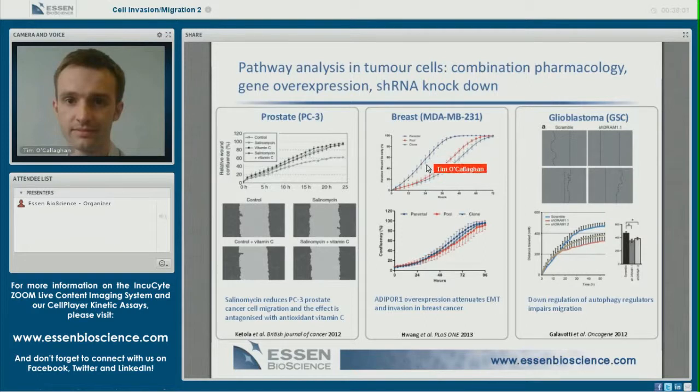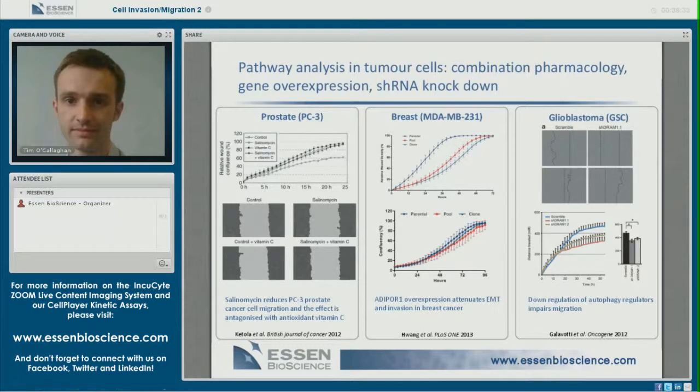They showed that overexpression actually reduced the rate of invasion of breast cancer cells into a Matrigel matrix, and also attenuated epithelial-to-mesenchymal transition. The team also used IncuCyte to monitor the growth effects of overexpression and showed that the overexpressing cell types showed no significant difference in growth compared to the parental controls.